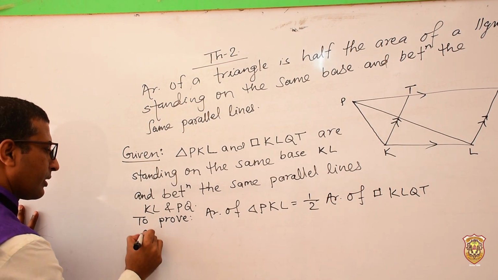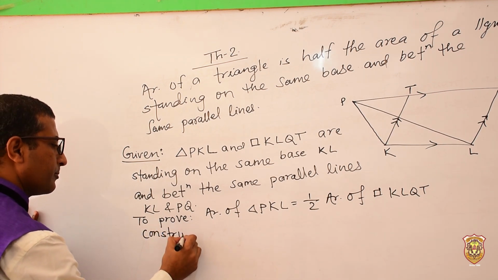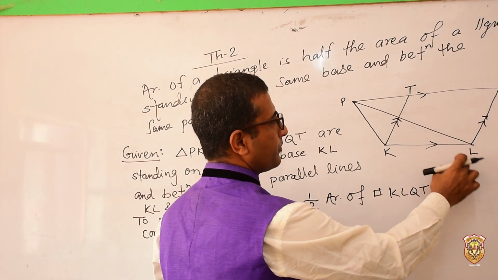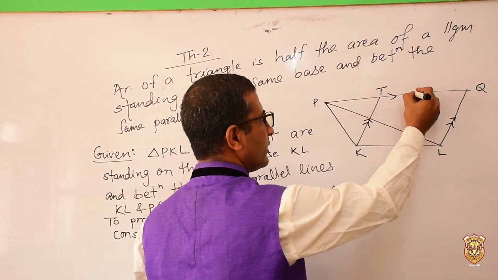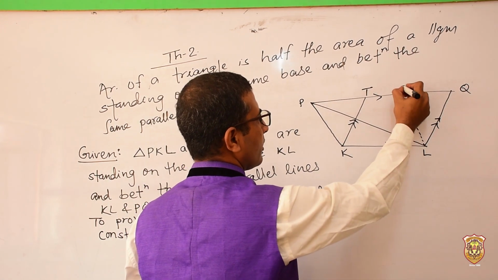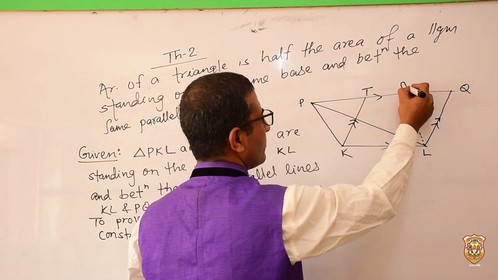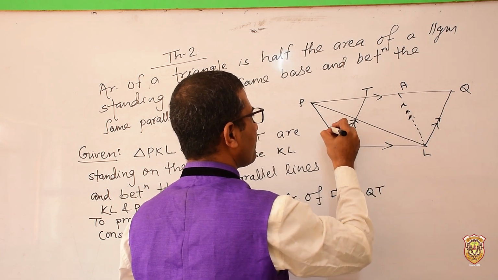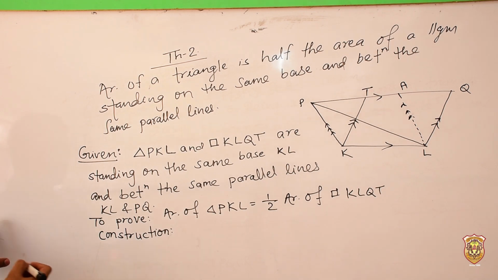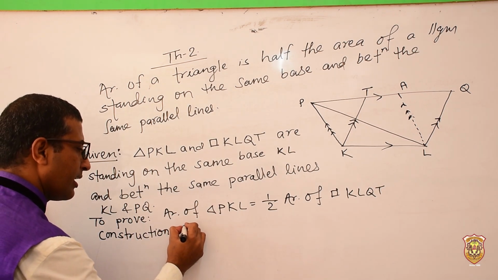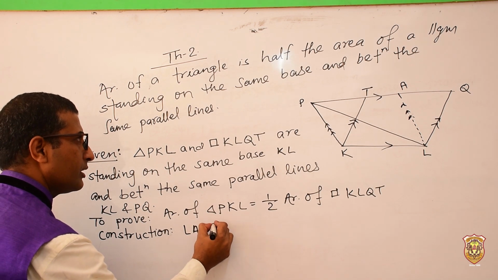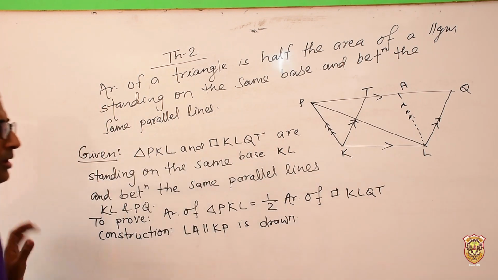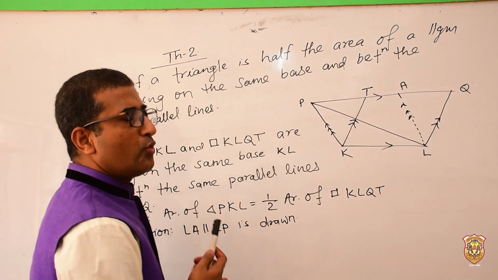For one way, we have to do a construction. We draw a line LA which is parallel with KP. Then our construction is LA parallel with KP is drawn. Now in this figure we can see there are two parallelograms.